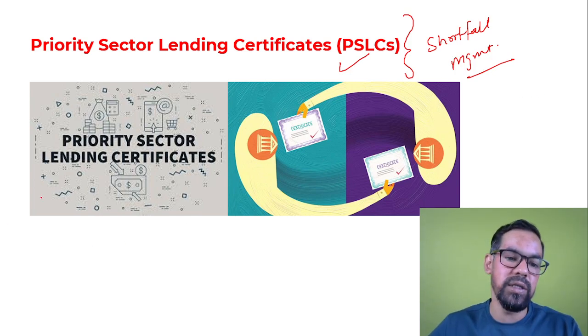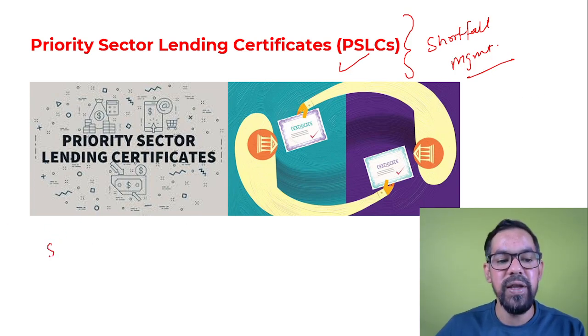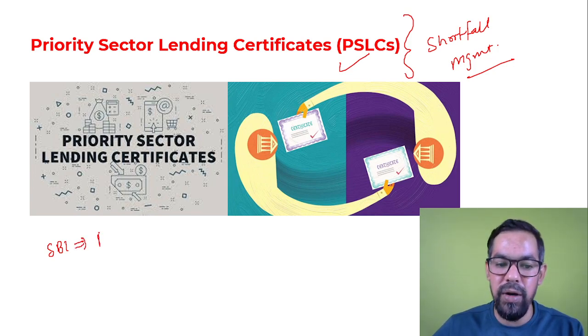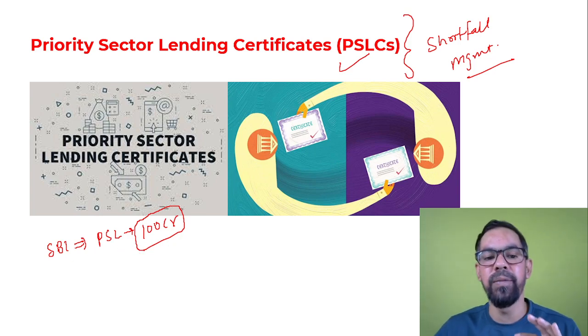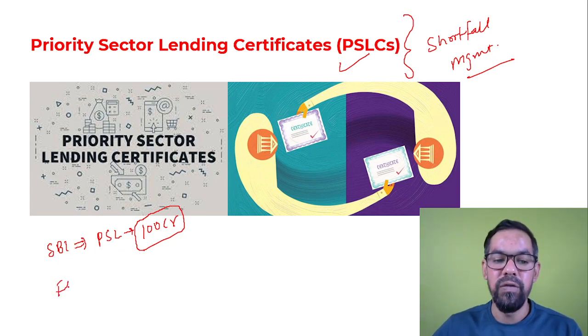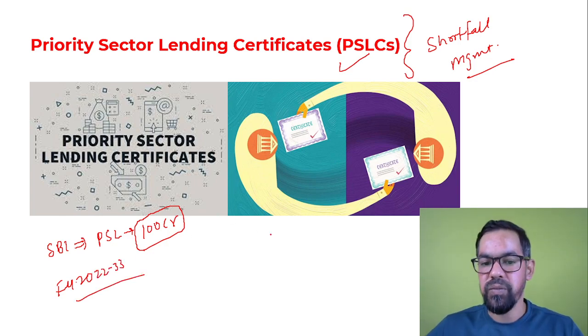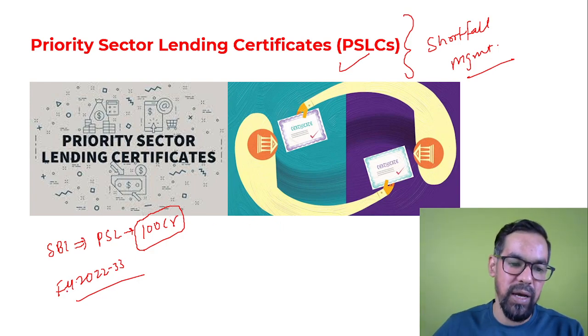Just try to understand this case. Let's say State Bank of India had to lend 100 crore rupees, their priority sector lending target was 100 crore rupees for a given time duration, for a financial year 22-23. Okay, first we'll take an example of State Bank of India only.